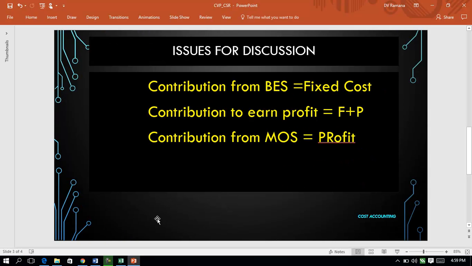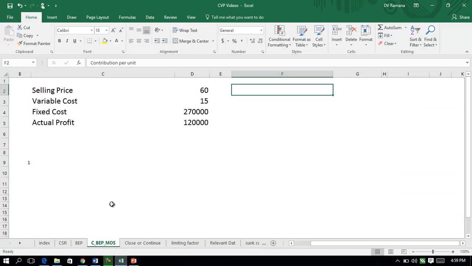Let us take an example to explain and understand this. This information is given: selling price, variable cost, fixed cost, and actual profit. So let us find the contribution per unit.